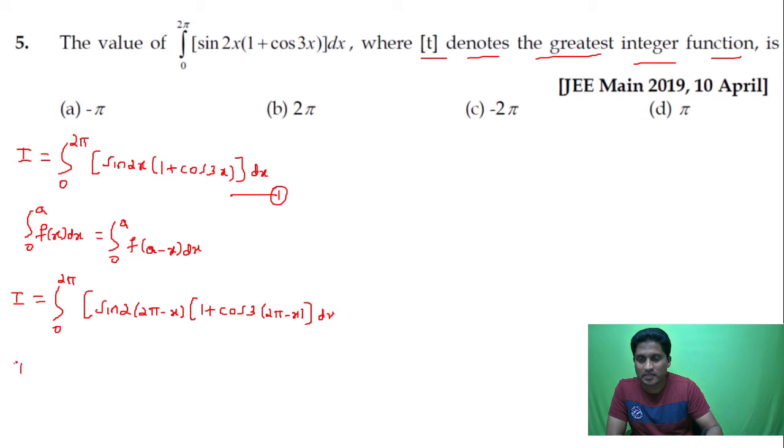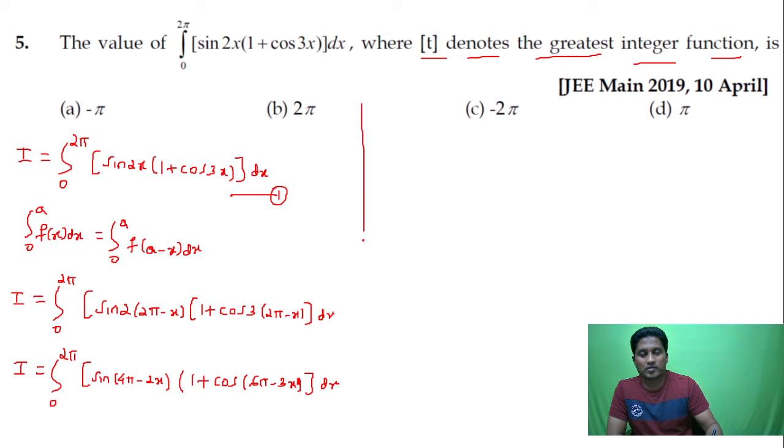So I is equal to the integration 0 to 2 pi of sine of 4 pi minus 2x, and then 1 plus cos of 6 pi minus 3x, and then dx.